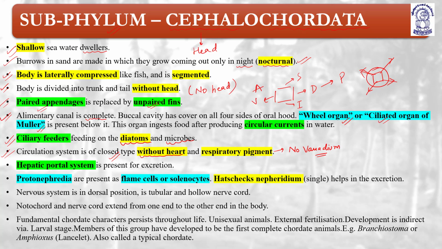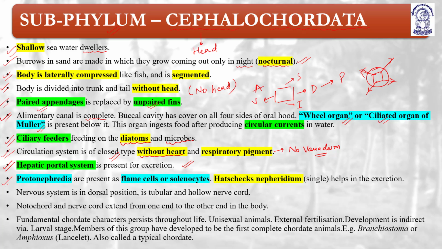No respiratory pigment, no heart, closed circulatory system. The hepatic portal system helps in the process of excretion and osmoregulation.